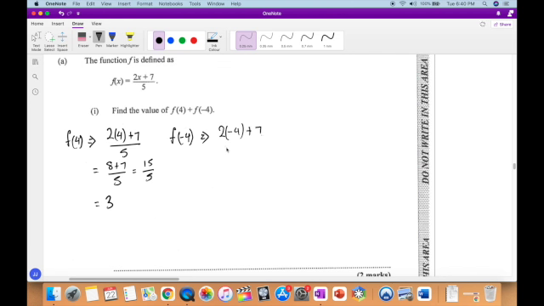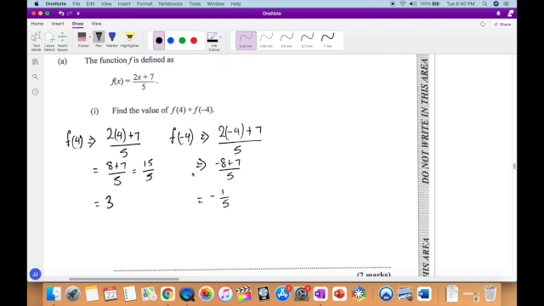Plus 7, all over 5. So this ends up being 4 2s are negative 8 plus 7 over 5, which gives you negative 1/5, right? Negative 8 plus 7 is negative 1, so I have negative 1/5.